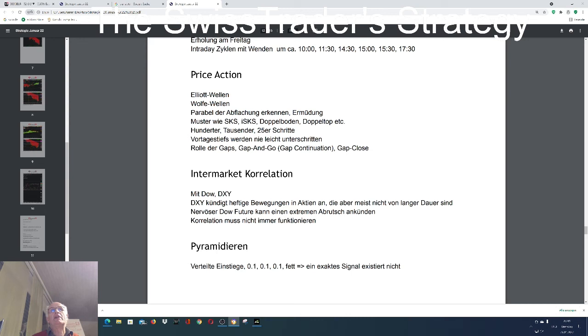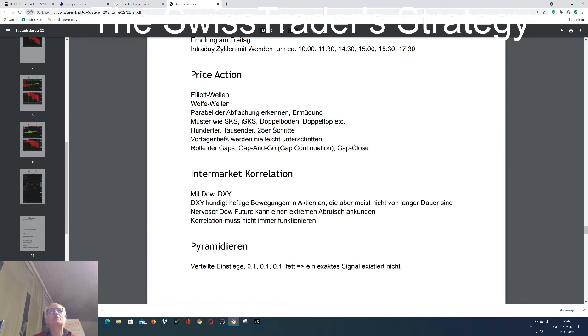And you have to be aware of hundreds and thousands. These figures are very important because there are many other derivatives attached to these indices, and they are very important. And previous day lows, they are never easily crossed, and they are very often rebounded.